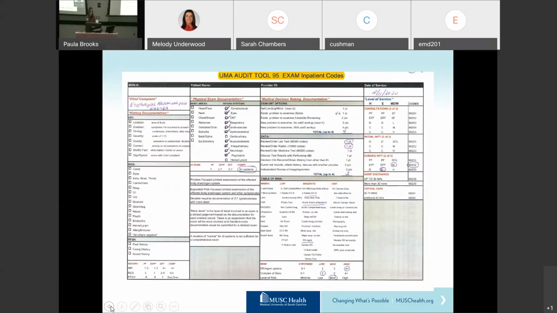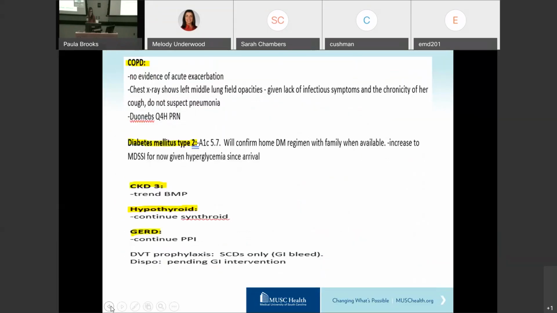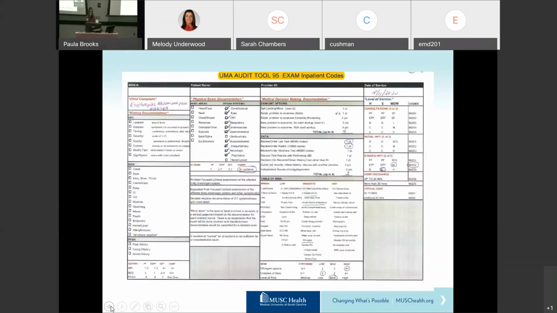So in putting it together, our exam meets comprehensive, though detailed is the highest we need. We had more than 4 problems that we were addressing here, but 4 is the most you can get. And none of them said that they were unstable or worsening. So we have 4 problems.